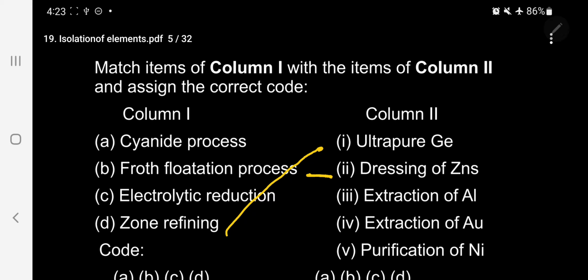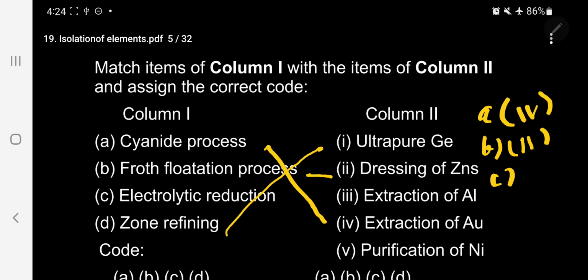The cyanide process is normally used for leaching gold. Like this, because you have studied already. So in that case, what will happen now? Kindly follow. A equal to 4, B equal to 2.